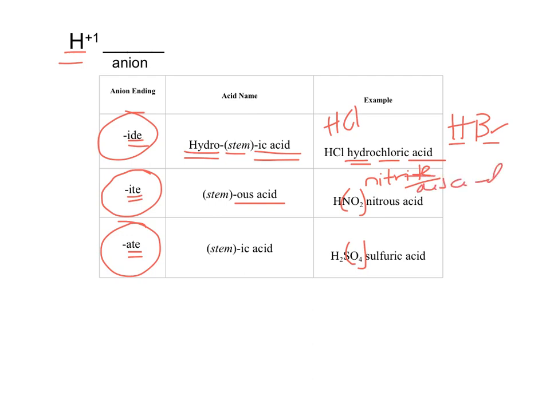We drop hydro when there's a polyatomic, when there's a group. SO4, the name is sulfate. Ate will change to ic acid. So directly it would be sulfic acid, but it's technically sulfuric acid. If you wrote sulfic acid, we would not count off, but technically it is sulfuric acid.